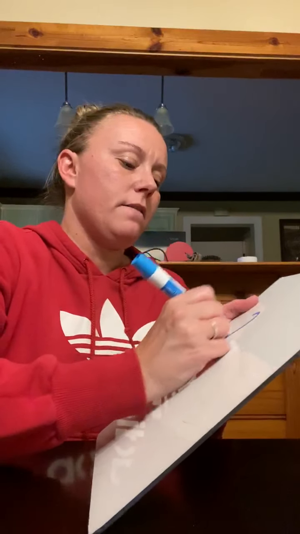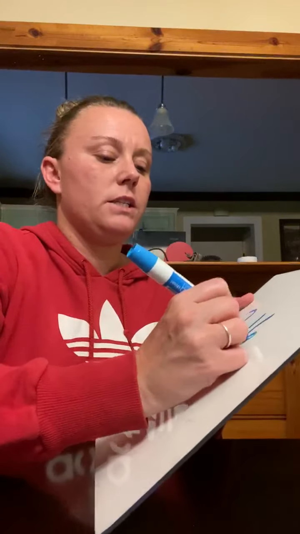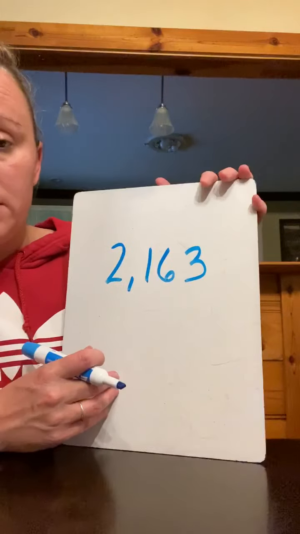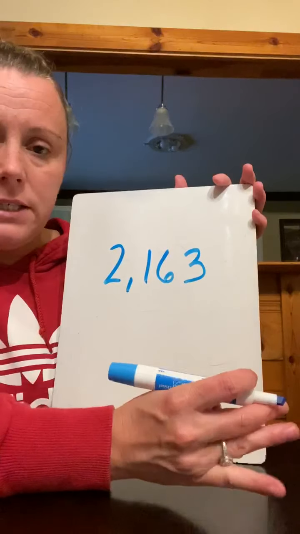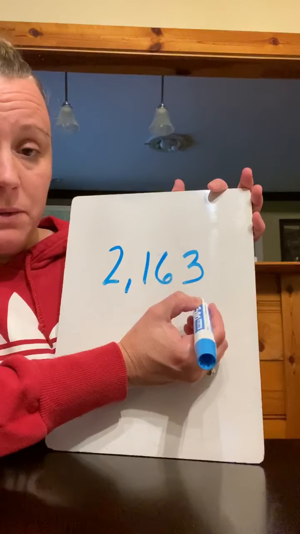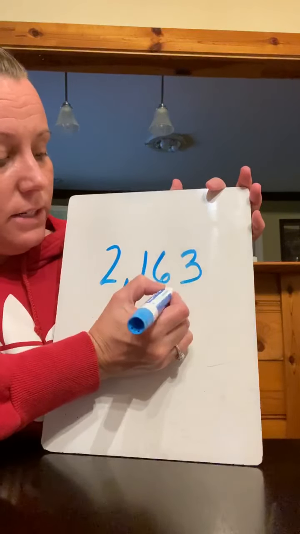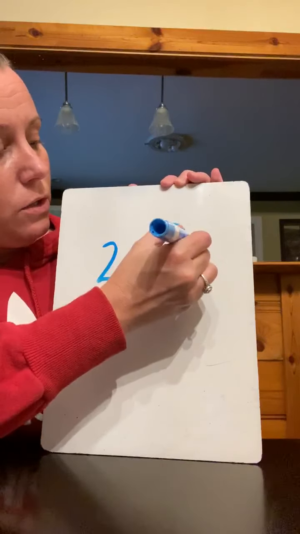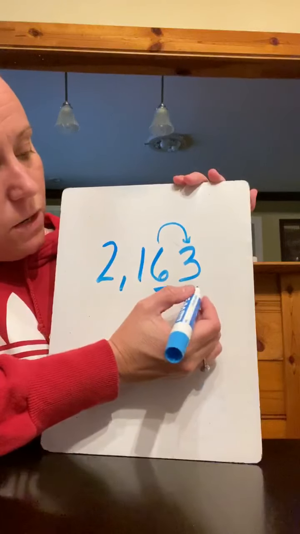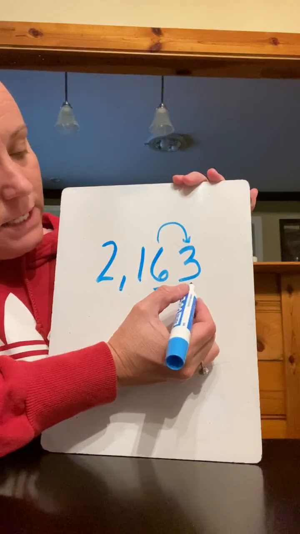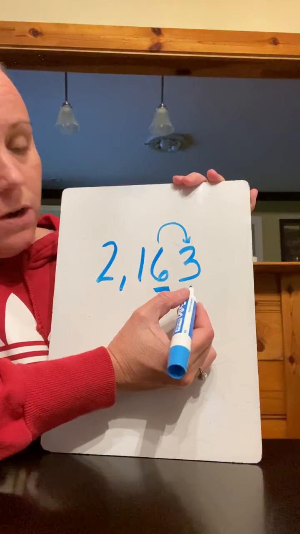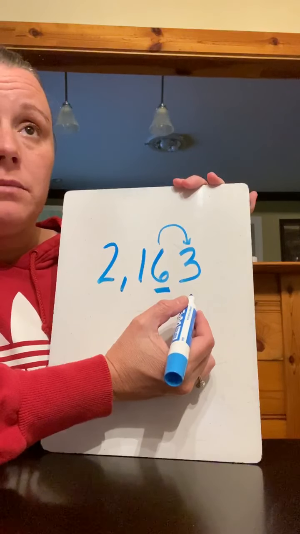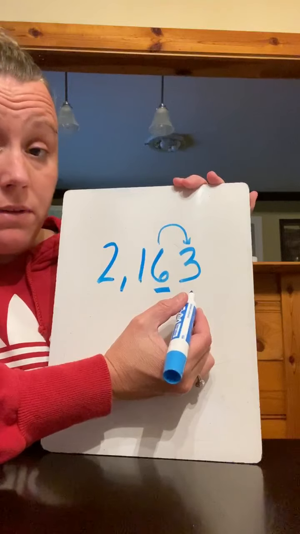If I have 2,163, and let's say it asks me to round this number to the nearest tens place. So I know this place value, that's the ones, here is the 10. So I underline, mark my number, look next door. So we look next door to see, is this number 5 or more? Is the 3 a 5, or is it greater than 5?